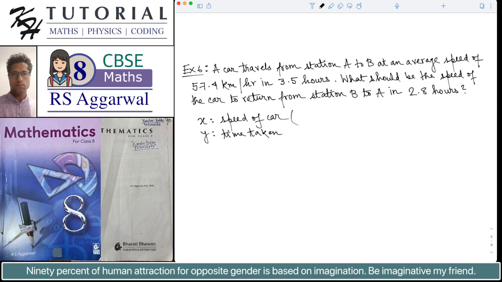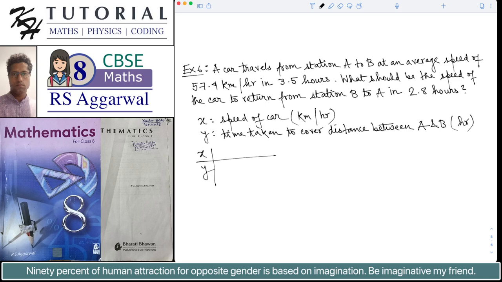Obviously, the speed of the car will be in kilometer per hour, and let's say the quantity y represents the time taken to cover the distance between A and B, in hours. So we can create the table of the quantities x and y.